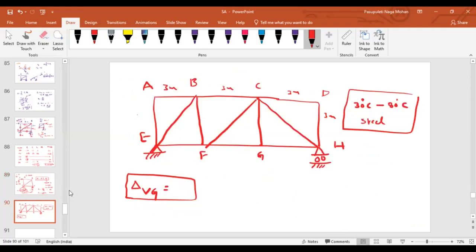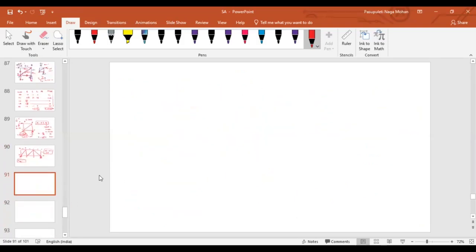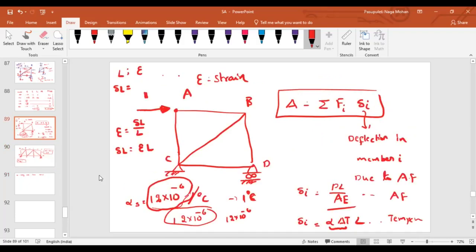In addition to this temperature change, we might also have some other delta, which is due to fitting issues. If members are not fit exactly, if there is an error in fitting, like an error of minus 2 mm or any other error, deflections might happen because of those errors also. So in a truss problem, if delta is due to applied forces, we find it using PL by AE.